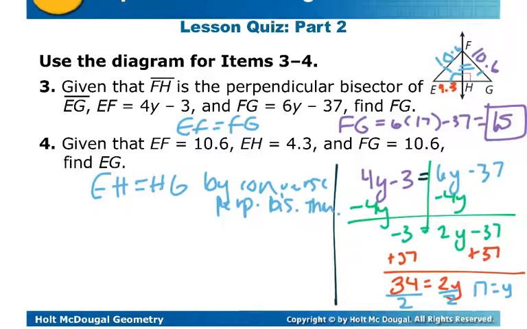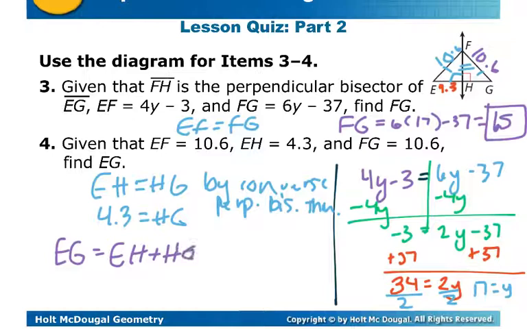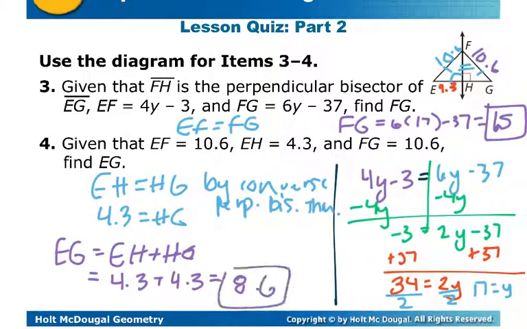And so because of that, if EH is 4.3, that means HG is also 4.3. And since the entirety of EG is EH plus HG, EG is just 4.3 plus 4.3 again, or 8.6.